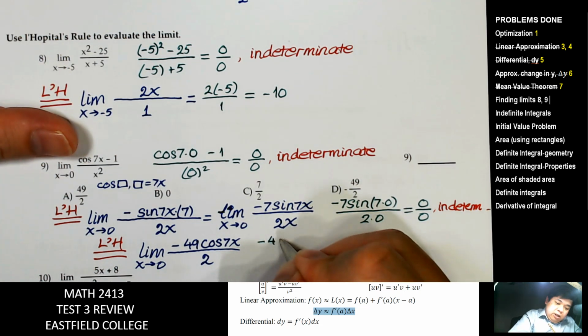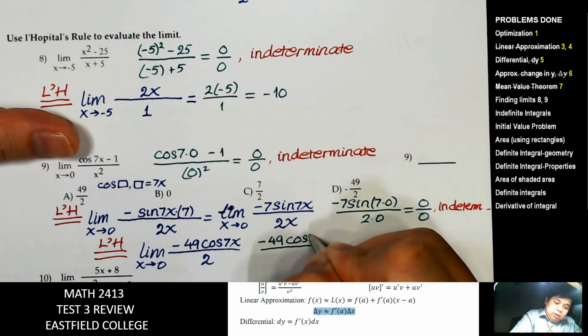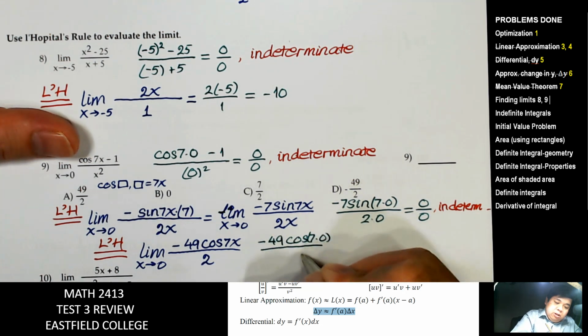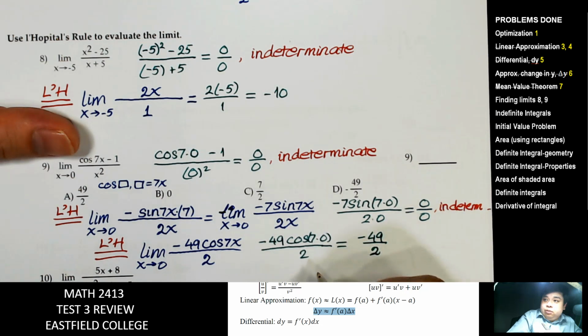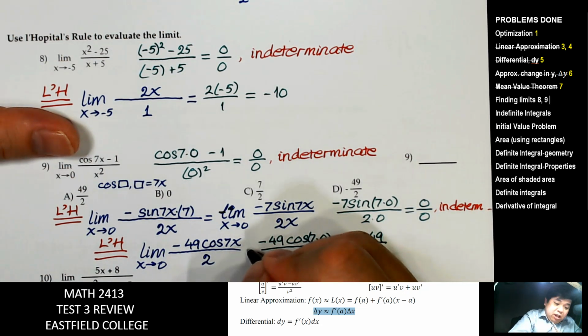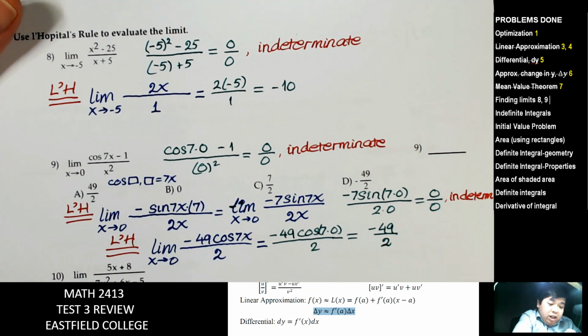Negative 49 cosine of 7 times 0 over 2, which will be cosine of 0 is 1, so negative 49 over 2. And that is a number that is defined, so we make the limit equal to negative 49 over 2.